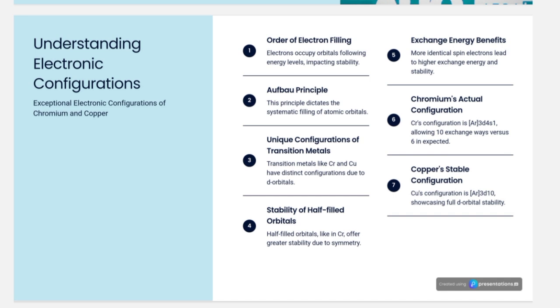Stability of half filled orbitals is the next point. Half filled orbitals, like in copper and chromium, offer greater stability due to symmetry. When it comes to symmetry, copper and chromium are both exceptional because a more symmetric distribution of their electrons allows them to become more stable.